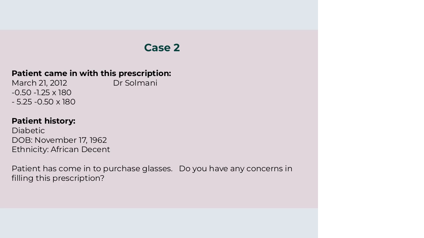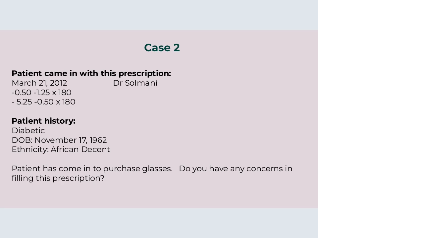So, Katie, you talked about vertical imbalance. I think you need to expand a little bit more on that one. And so what does the diabetes say? Yeah, anisometropia. So with the actual prescription, what concerns do we have? Somebody talked about the date.